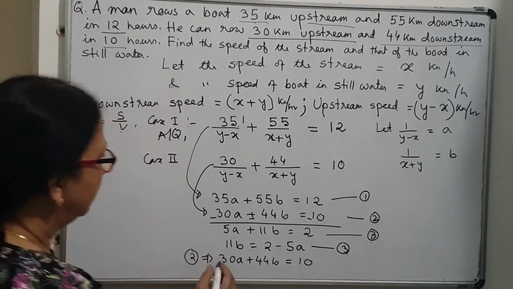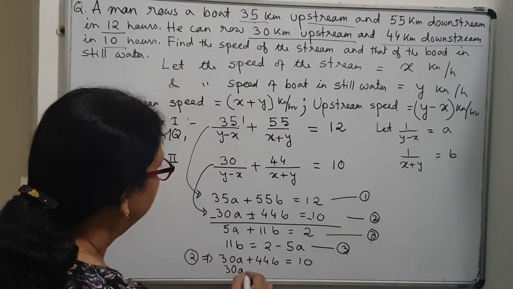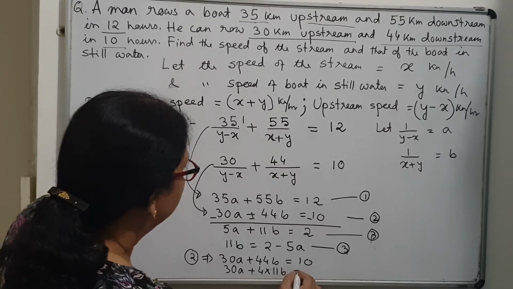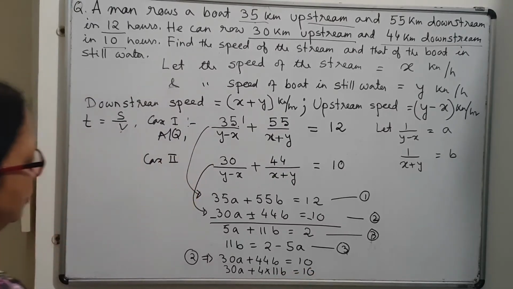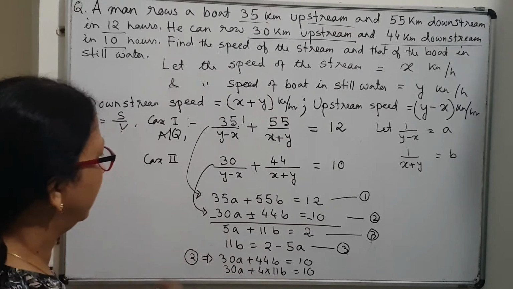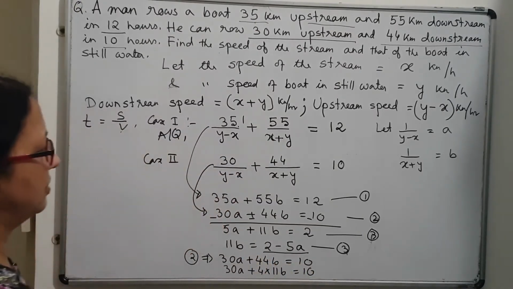So what will I do? I'll write it as 30a plus 4 into 11b is equal to 10. So 44b I have written as 4 into 11b because I know 11b is equal to 2 minus 5a. This I can directly substitute.